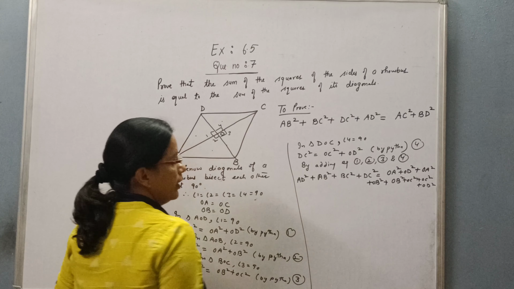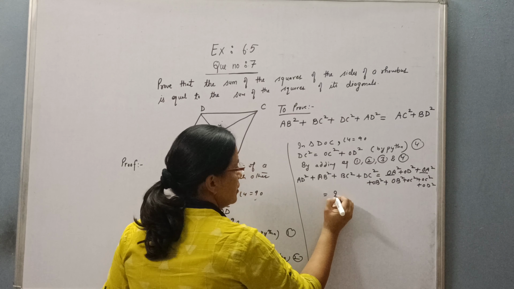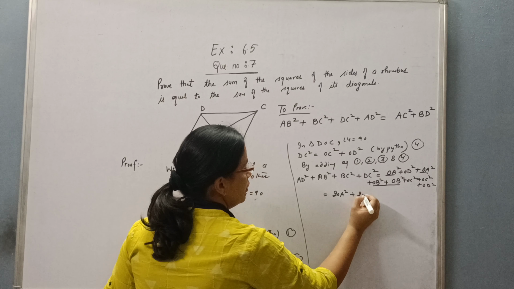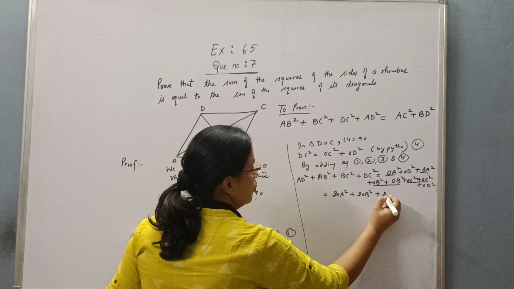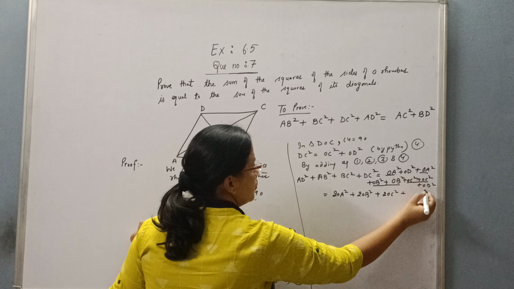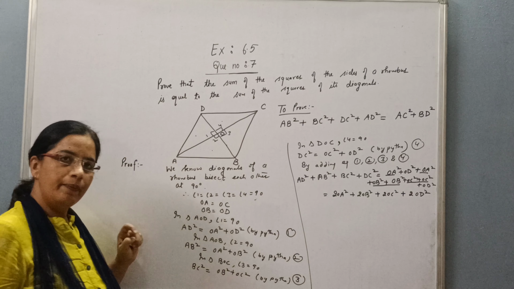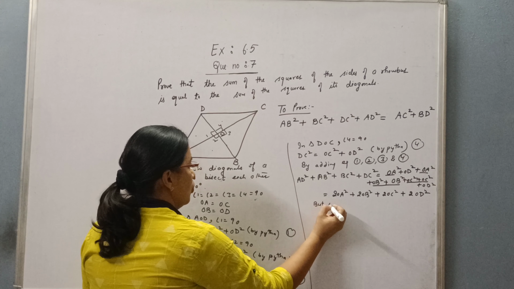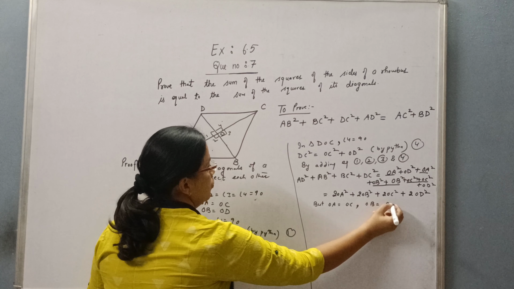Now you can clearly see that OA square plus OA square means 2 OA square, OB square plus OB square is 2 OB square, OC square plus OC square is 2 OC square, and OD square we can write as 2 OD square. Now we know OA is equal to OC and OB is equal to OD.